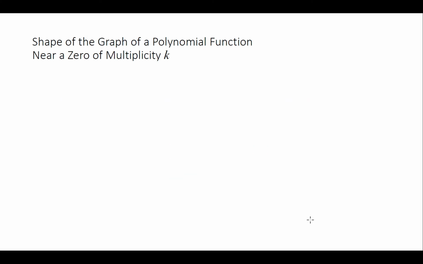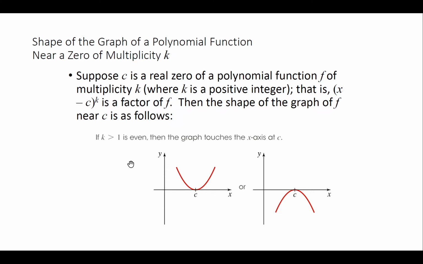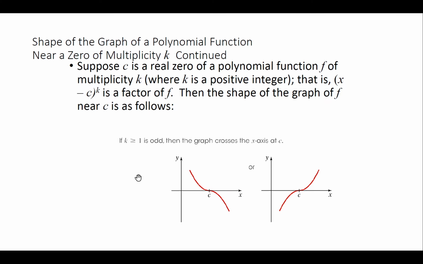So the shape of the graph of a polynomial function near a zero of multiplicity k depends on the value of k. If k is even, greater than 1, then it should touch that point either this way or this way. You just have two options. And if k is odd, then it should cross the point either this way or that way. Look at here, it's coming down and crossing the point, or going up and crossing the point. You just have two different options.